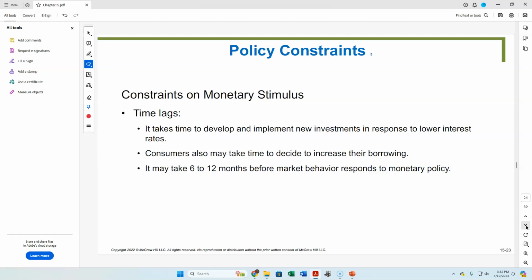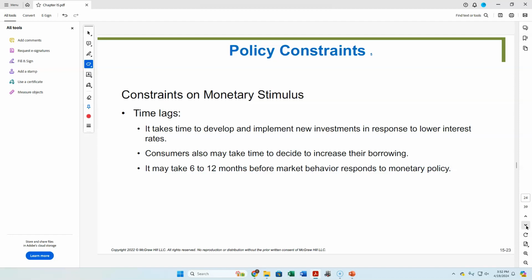Well, I did buy a house in 2020, in large part because interest rates did go down so much. But I didn't close until November of 2020. So, what, 8 months later? It takes a while, right? And that's just me as a person, trying to go look for a house.